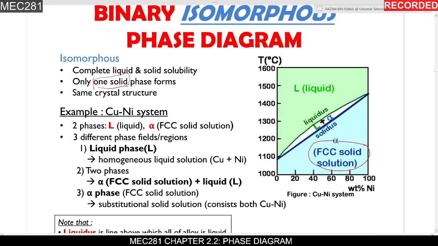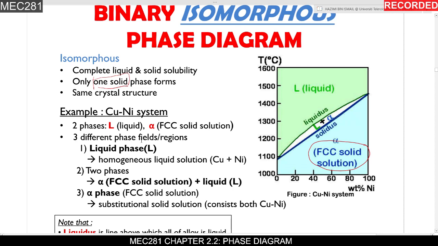It is represented by the letter L. L represents the liquid, and alpha is for the FCC solid solutions. As an example, here for the copper and nickel system, two phases are found in this phase diagram: the liquid L and the solid alpha.